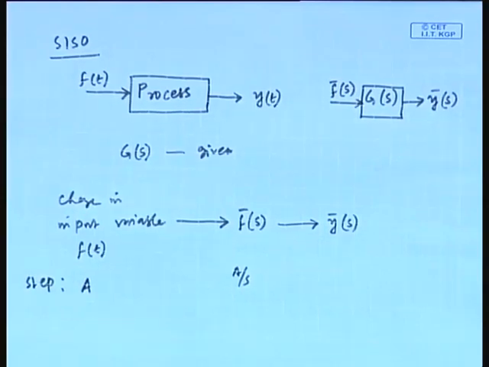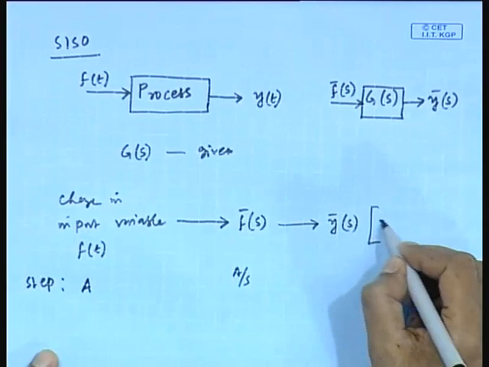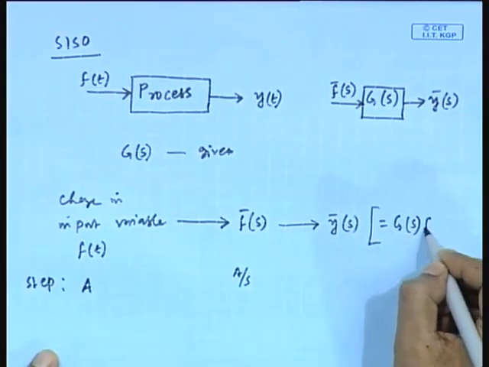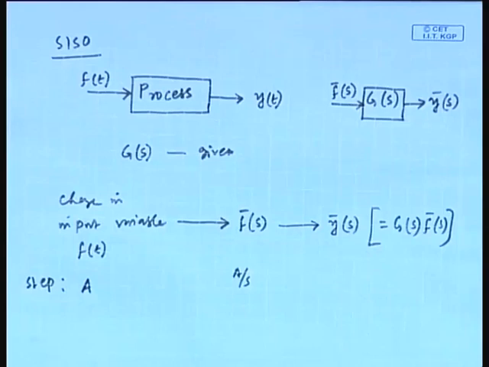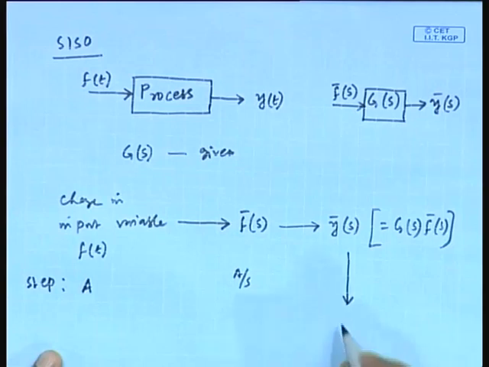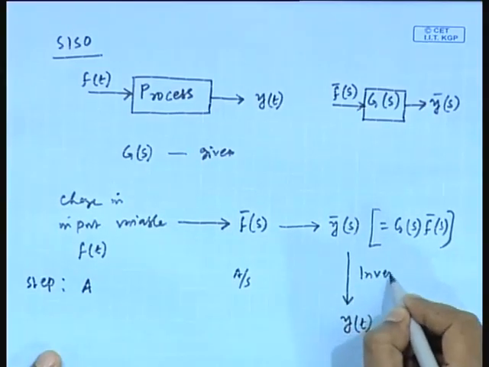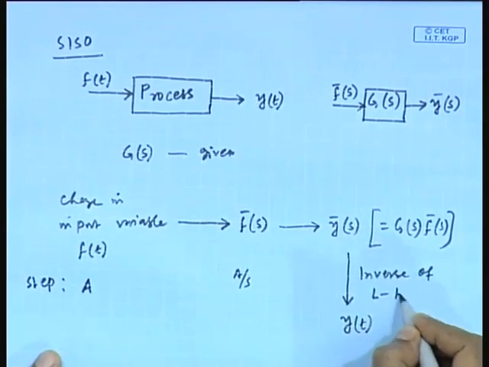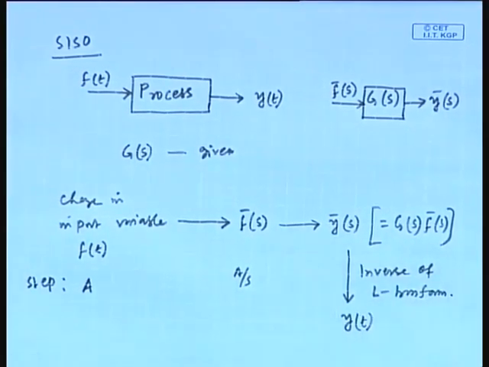In the next step, we can determine Y bar(s). How we can determine Y bar(s)? Y bar(s) is G(s) F bar(s). Fine. So, it is straightforward to determine Y bar(s). Now, we need to take the inverse of Laplace transform, so that we get Y(t).